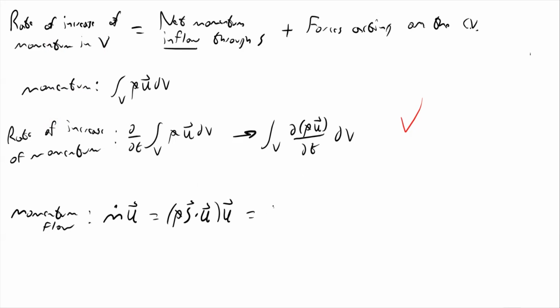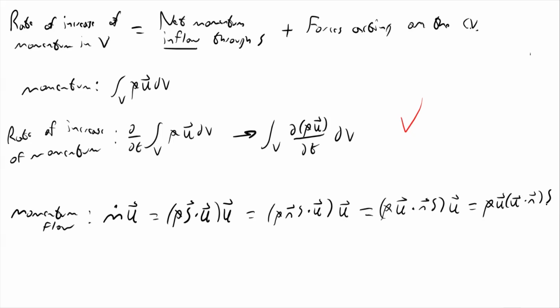Well, we can represent S as n dot S, which can be rearranged, and further rearranged as rho u dot n S. So you can see that by noting that rho is a constant, so it isn't part of the dot product there.